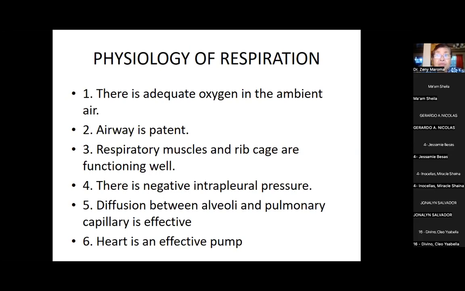Okay. Also, those who are victims of smoke inhalation. There is a burn injury, tapos nalock siya, na-trap in a room, and the client was able to inhale superheated smoke and particles of smoke.